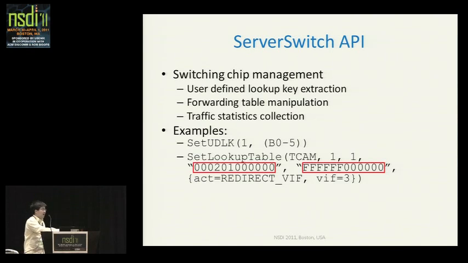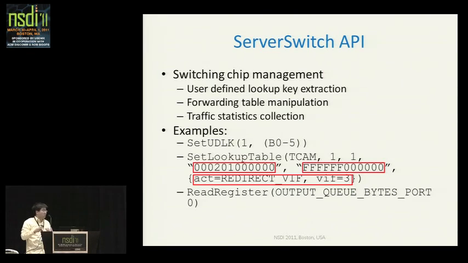Then, if the packet is matched, it will be redirected to the third interface. So basically, these 2 APIs show us how we can perform prefix matching on the destination MAC addresses, which is required by PortLand. The third API will read the output queue length of port 0 directly from the switching chip for congestion control purposes.